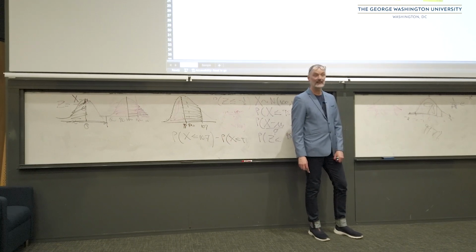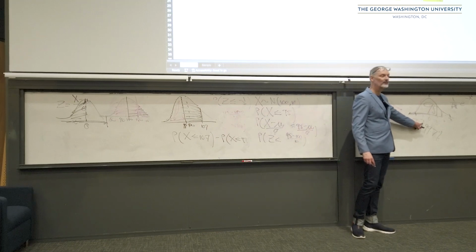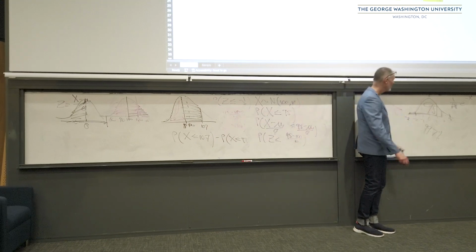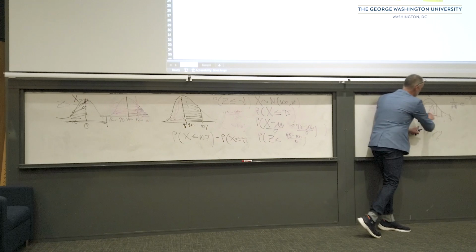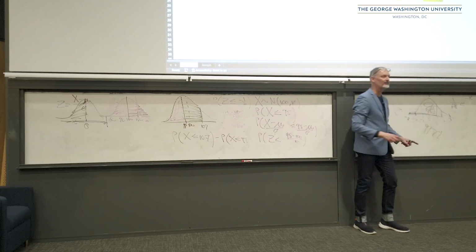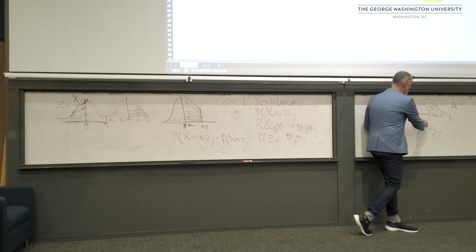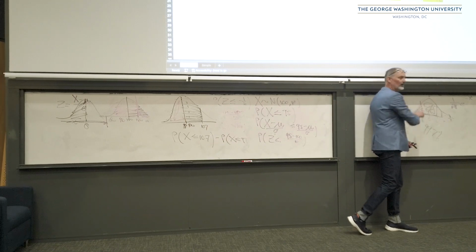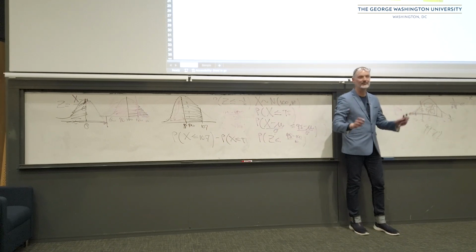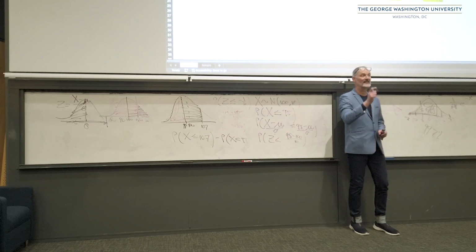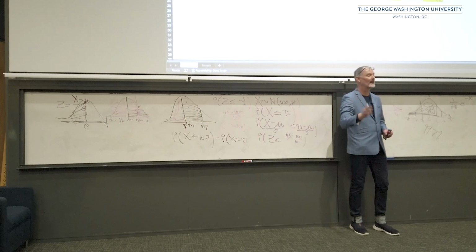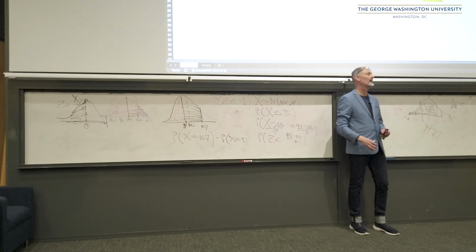But if your z fell on -1, if this is 68% of the area under the curve, what is left? 32. Half of 32 is 16. Guess what? What's this area under the curve? 0.16. There's that rule of thumb. But it's an approximation. It's not exactly 68%, it's not exactly 95, it's not exactly 99.7. It's approximate, so don't use it.